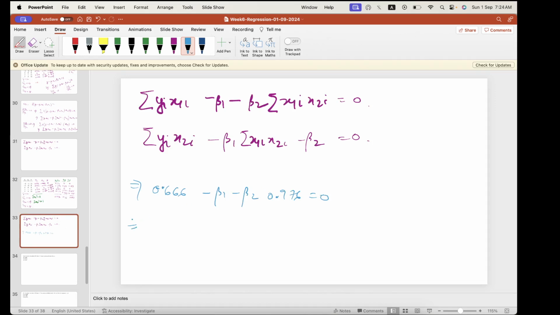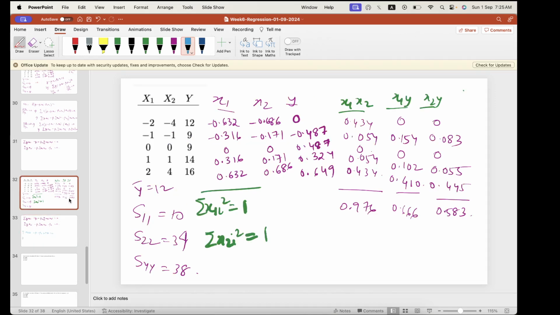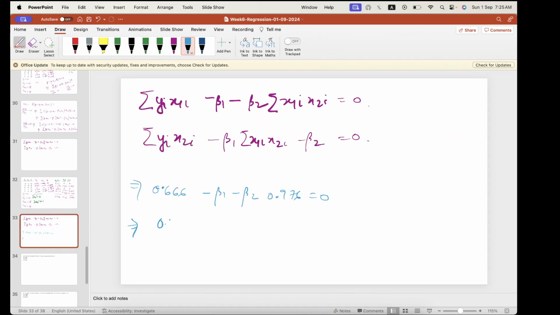And then here we'll have y1 x2, so that would be 0.583 minus beta 1 into 0.976 minus beta 2 equal to 0.